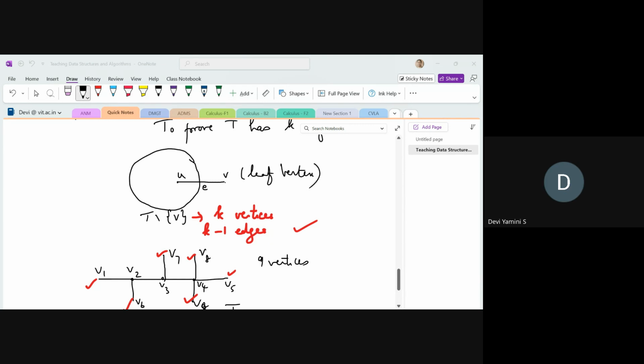Trees you would have learned, right? Binary trees and all that you would have learned. Is any mathematical background required? No, nothing is required. You can very well understand this procedure. Okay, thank you. Welcome, sir.